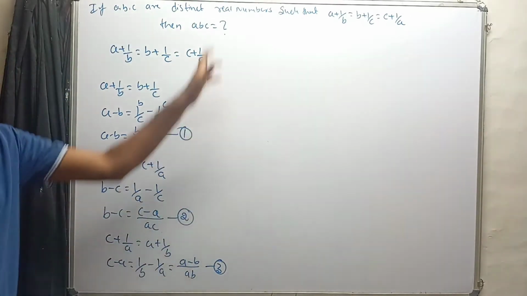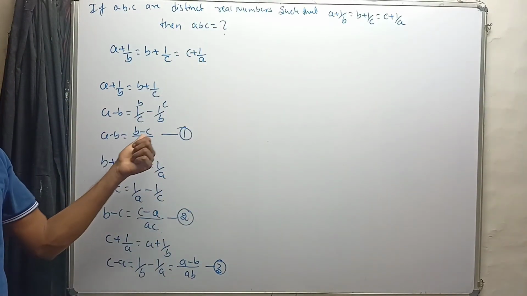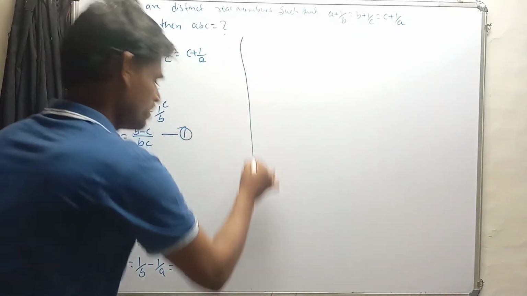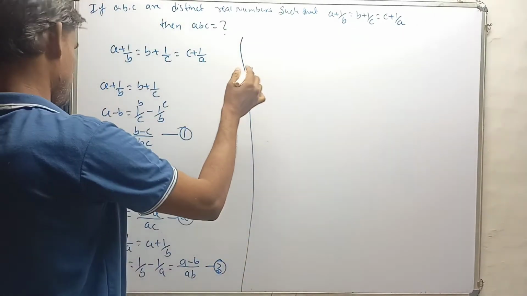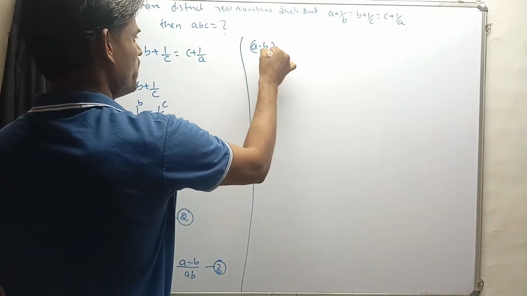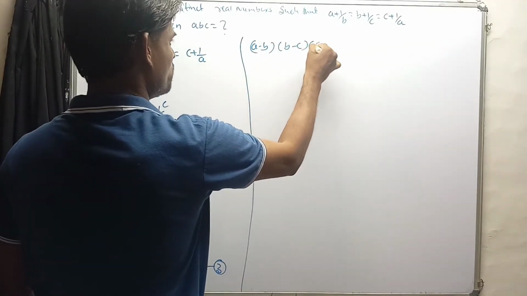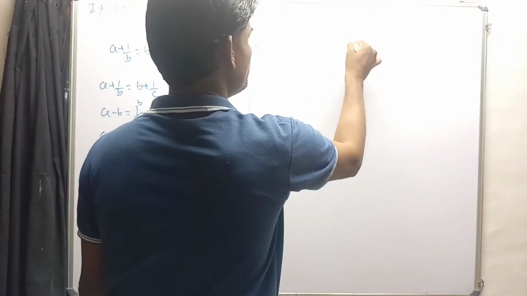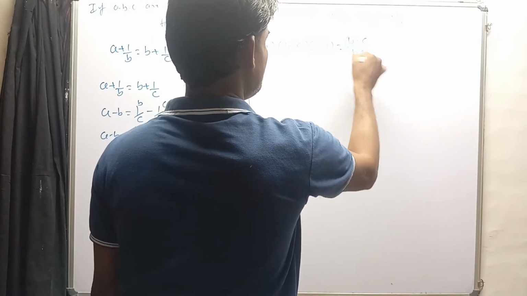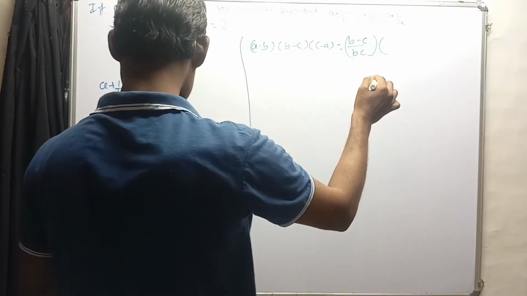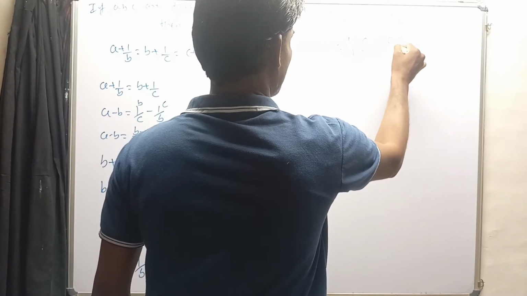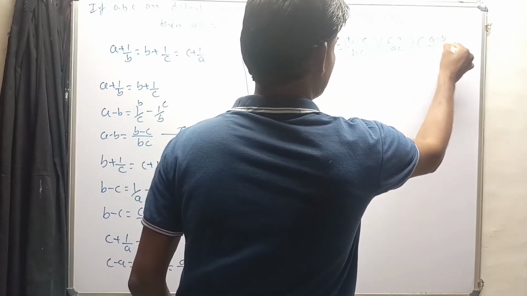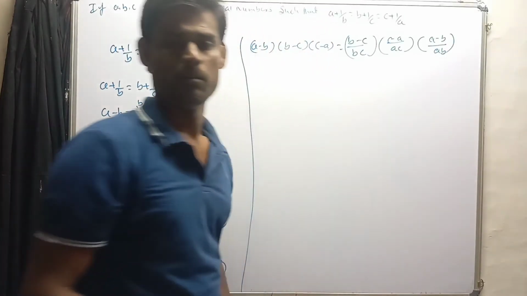To find out the value of ABC, let's multiply equation 1, equation 2 and equation 3. Then we have A minus B into B minus C into C minus A is equal to, on the RHS side, B minus C by BC into C minus A by AC into A minus B divided by AB.